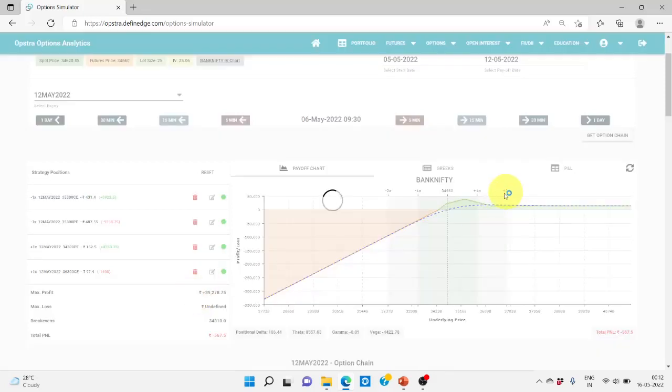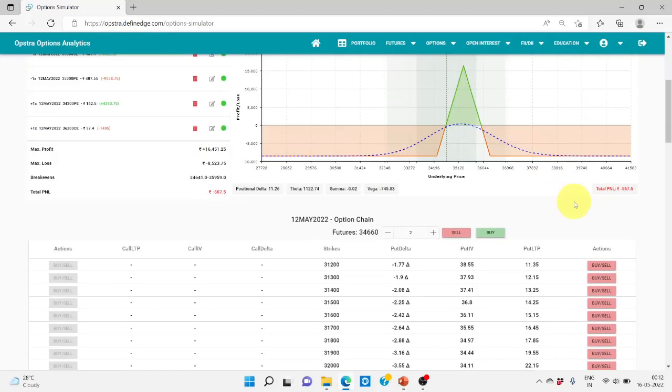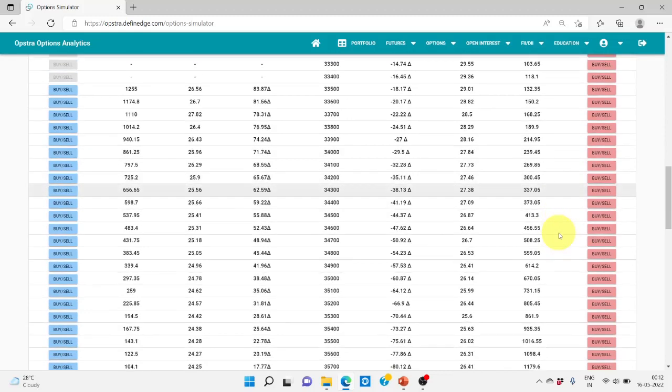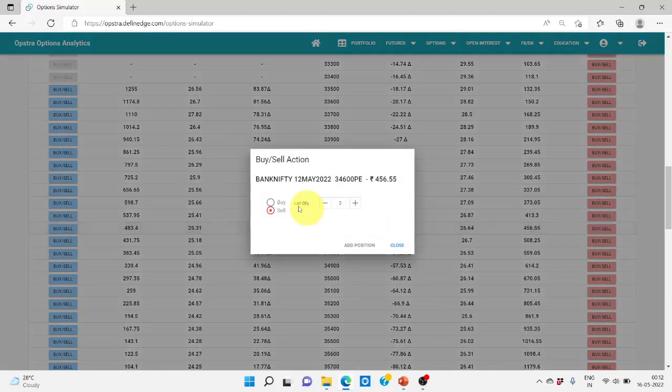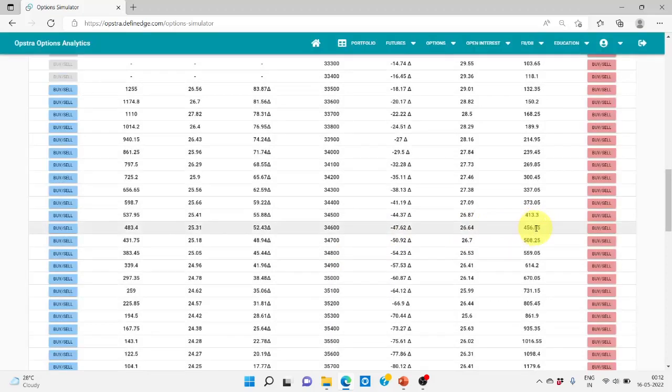So in ratio spread, what we are going to do is, once the break even is breached, we are going to buy one ATM put, which is 34,600. So we will buy 34,600 one lot, and whatever price we have paid, 456, we'll just consider as 460.